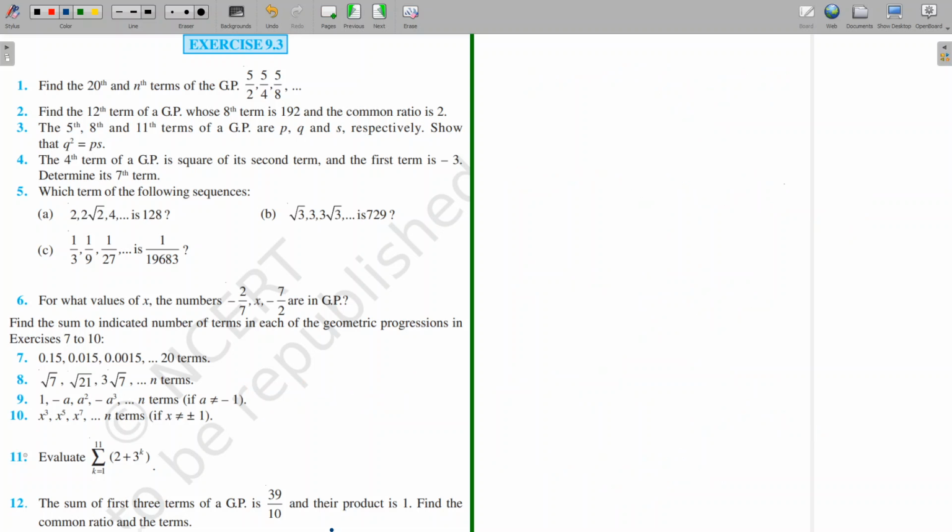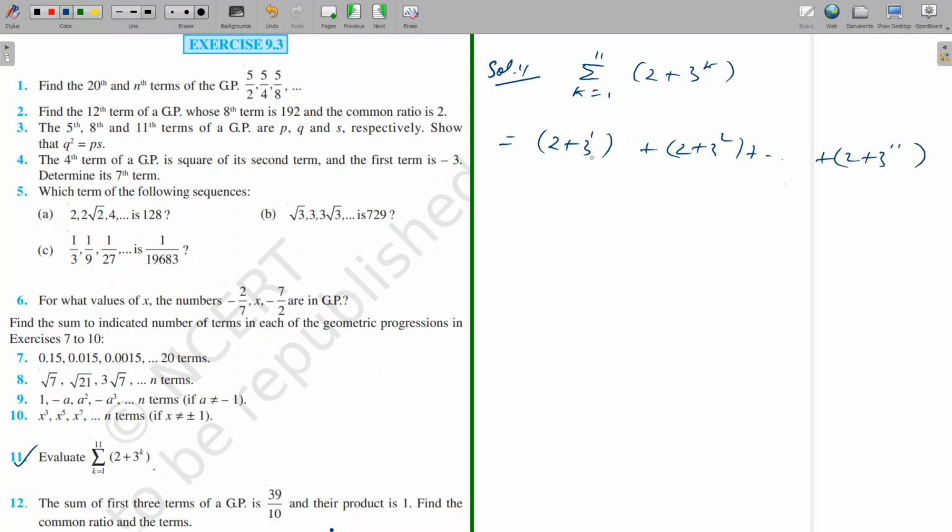Question number 11. Evaluate summation k equal to 1 to 11, 2 plus 3 raised to k. So solution number 11 now. If we expand this, it is equal to 2 plus 3 raised to 1, plus 2 plus 3 square, plus so on, plus 2 plus 3 raised to 11.